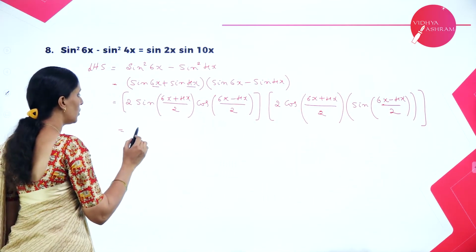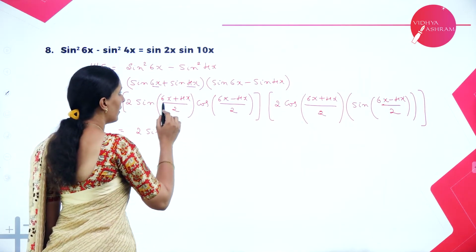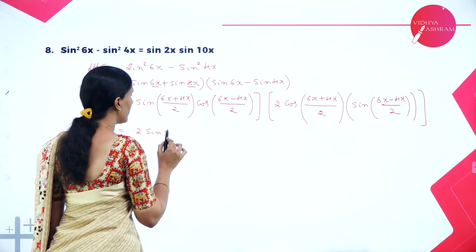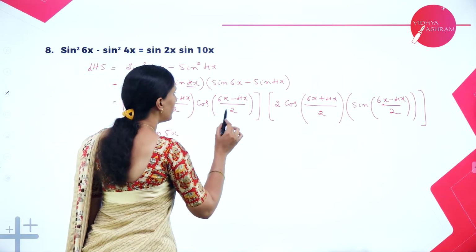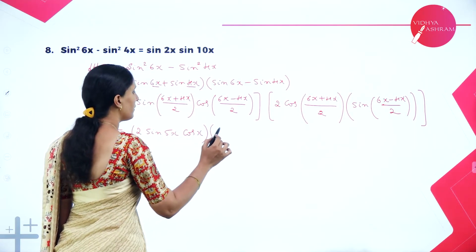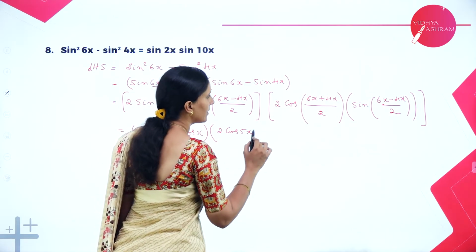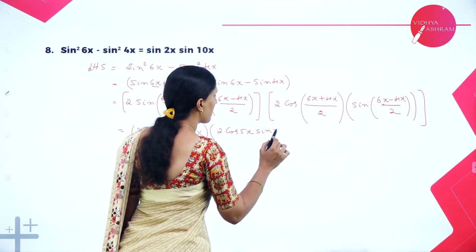We have here 2 sin, 6x plus 4x is 10x, 10x by 2 is 5x. Here we have 2x by 2, so cos x. Next here we have 2 cos 5x and sin x.